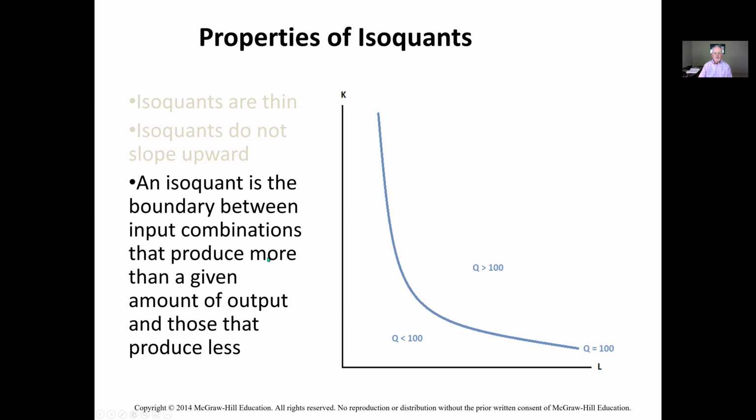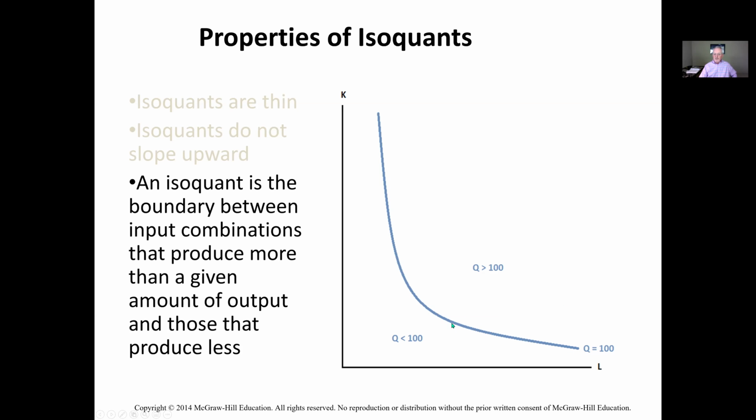And so, an isoquant is this boundary between input combinations that produce more. In the same way, it suggests a trade-off. We know that moving to the northeast from any point must necessarily imply more of both inputs, so output would have to rise. We know that moving to the southwest would imply less of both inputs, so output must necessarily fall. But how about these regions here, toward the northwest and the southeast?